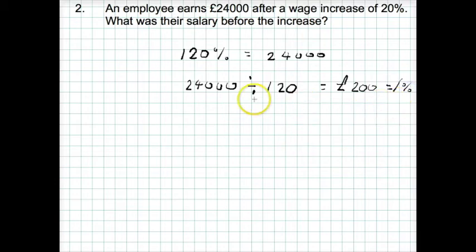So to get to 100%, which is the original price, that's going to equal 200 times 100, which gives me my answer of £20,000 per annum.